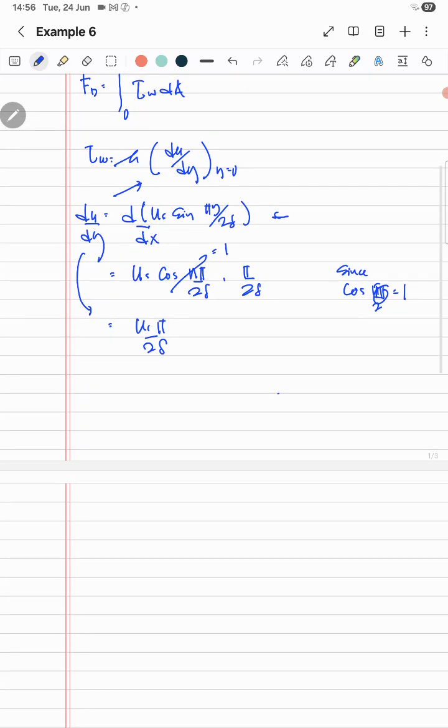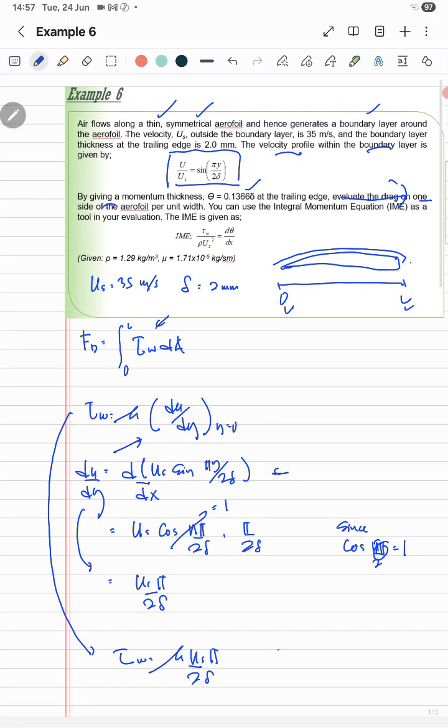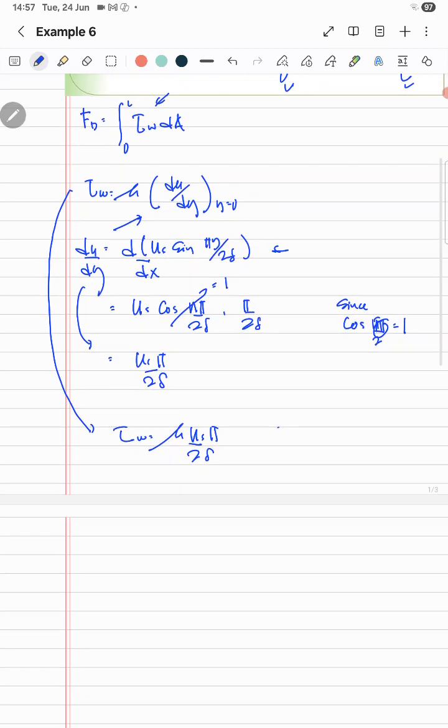So from here we can transfer to the wall shear stress, which is equal to μ U∞ π over 2δ. That's one thing that we solved there. And again, from the question, they ask us to use the integral momentum equation as a tool to solve the rest of the question.